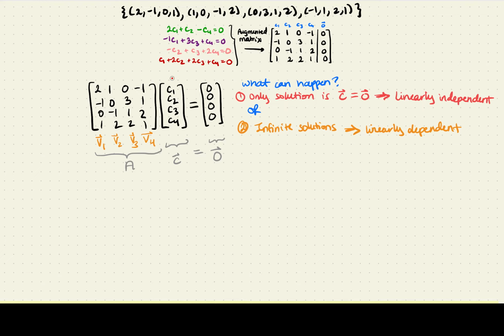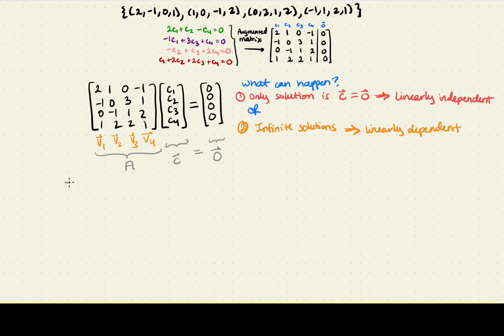Well, if the only solutions for these constants are zeros for all of them, then this matrix A would need to be invertible, because I would have a unique solution for this system, A times C equals 0. And that unique solution happens to be the trivial solution, or in other words, C equals 0.